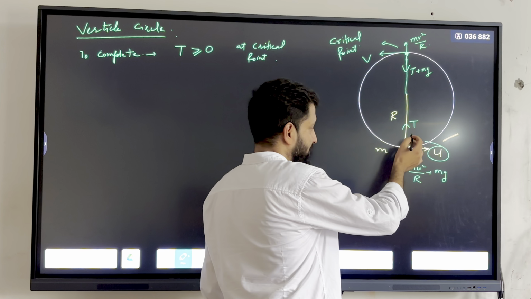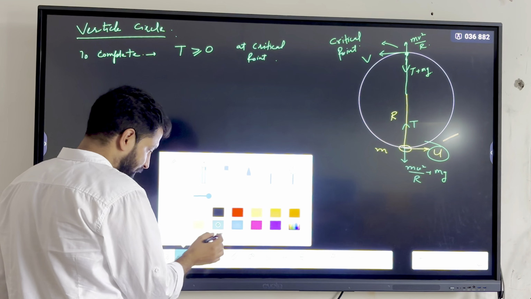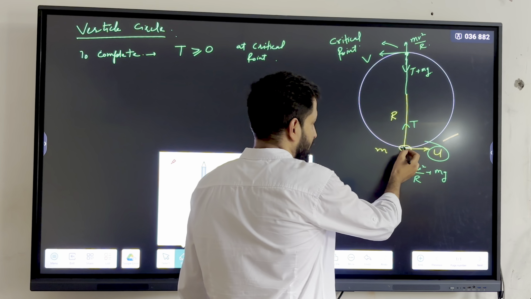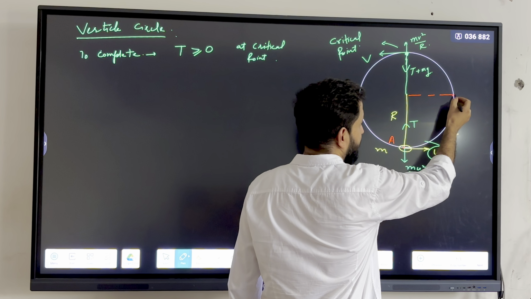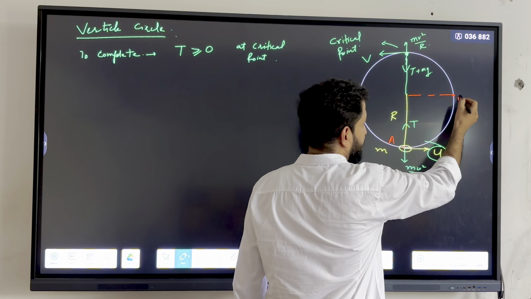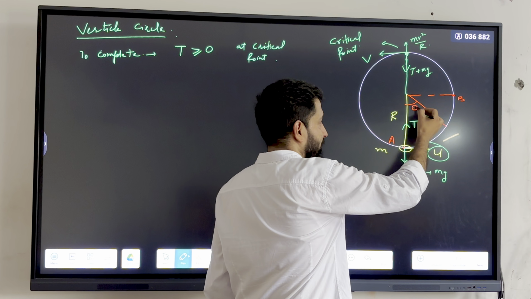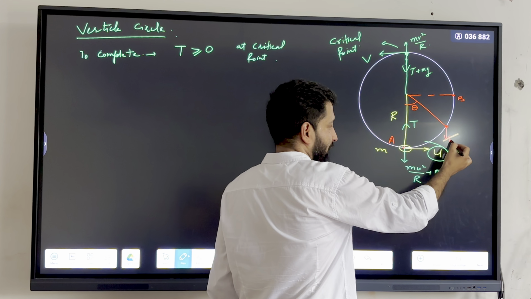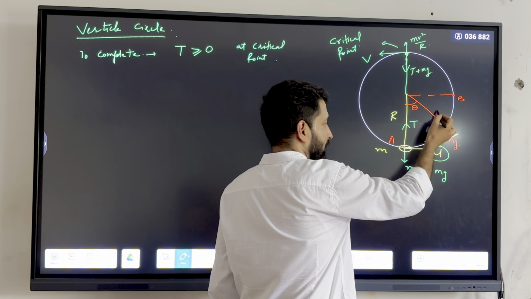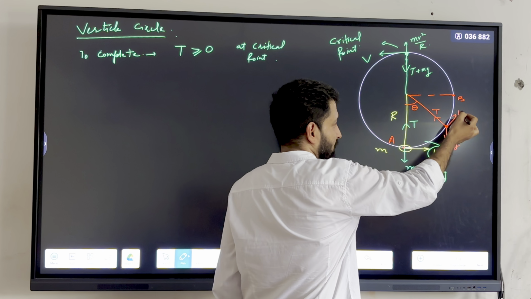For example, if I'm assuming some points here, let's name some points here. Let this point be A. Let this point be B. What happens between A and B? For example, any position. Let's take this position at theta. The body is here. So this will be its weight, this will be its tension, and in this direction let the velocity be v dash.